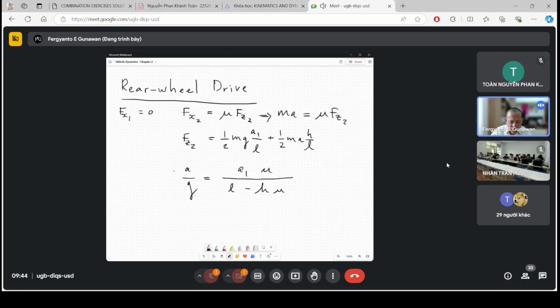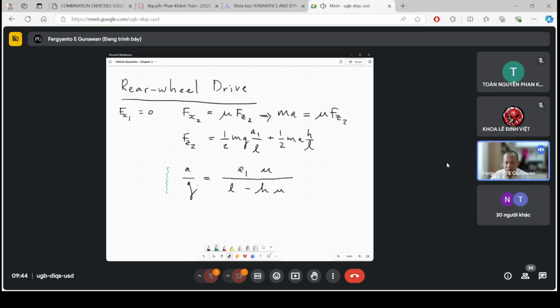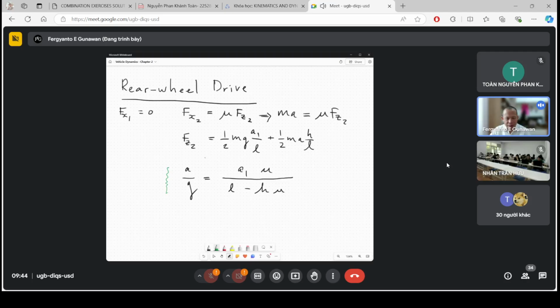So this is the maximum acceleration that you can achieve by the rear wheel.